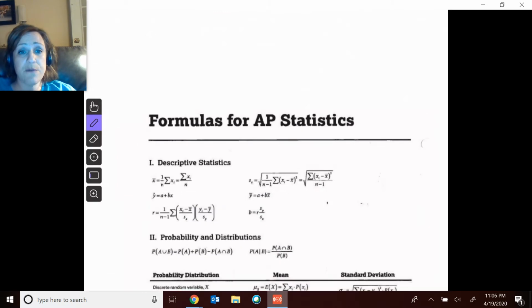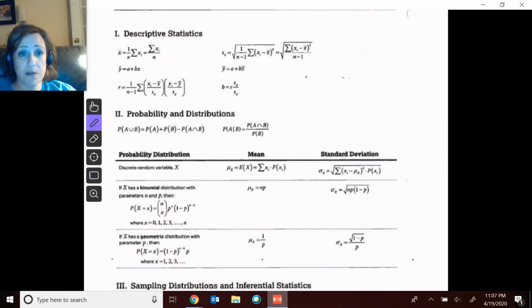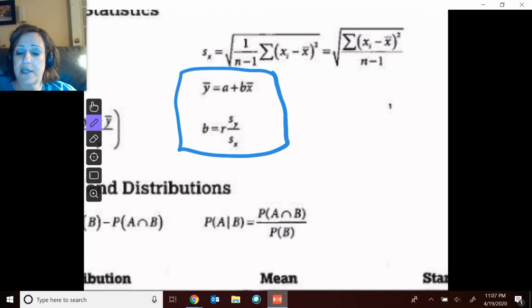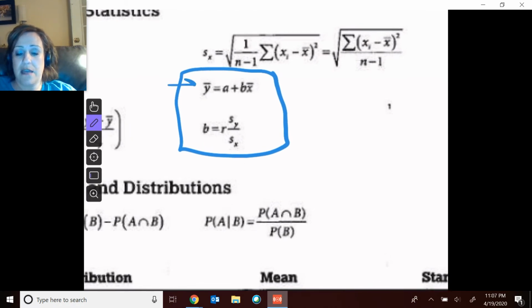Here is the first page of the formula chart, and we're interested in these two items, because this first one tells us that the mean of y is a plus b x bar. So they didn't use m.